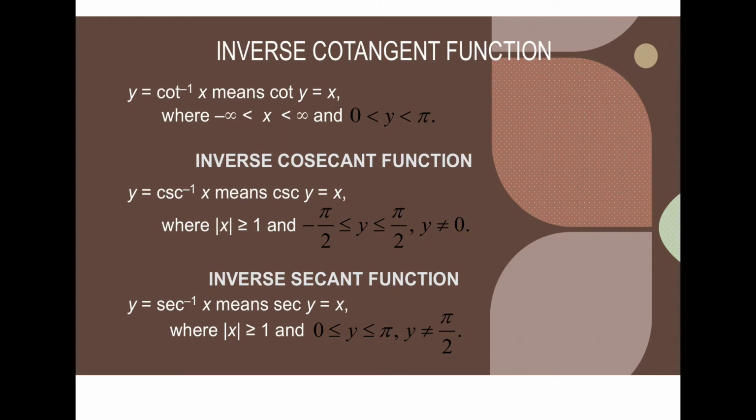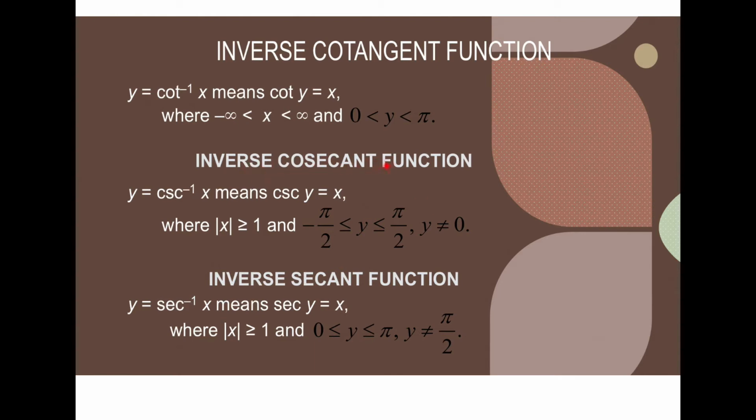In evaluating the other three reciprocal functions, with tangent, we have the cotangent, and we're going to restrict it the same as we do the cosine function, from 0 to pi. And our x inputs are from negative infinity to positive infinity.